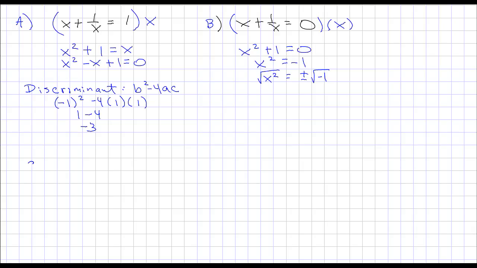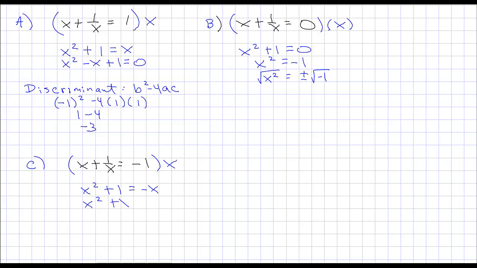So let's look at C. So now we want to say x plus 1 over x is equal to negative 1. And, okay, multiply everything by x. So x squared plus 1 equals negative x.